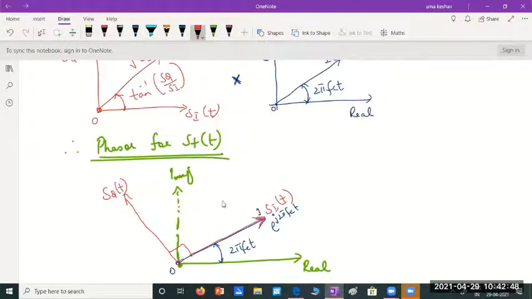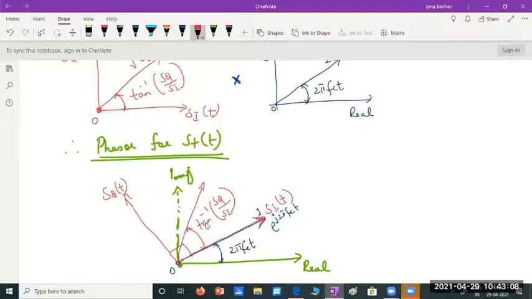Now the resultant of these two will be somewhere here. This makes an angle tan inverse SQ by SI with the SI axis.